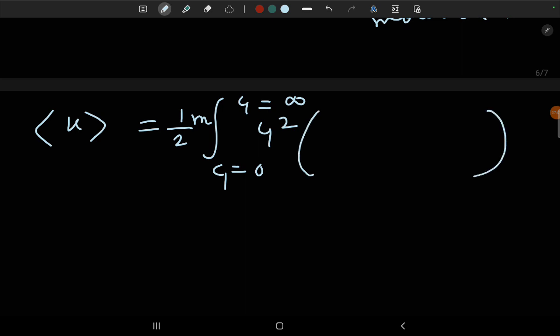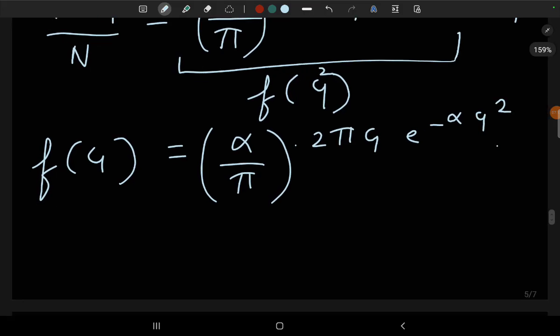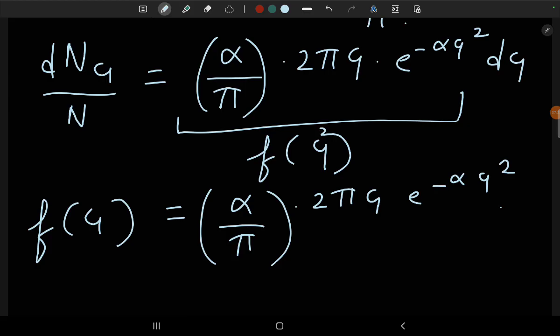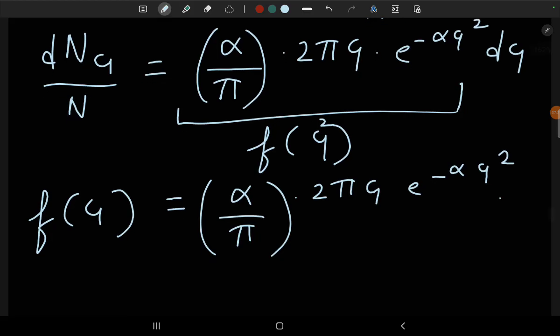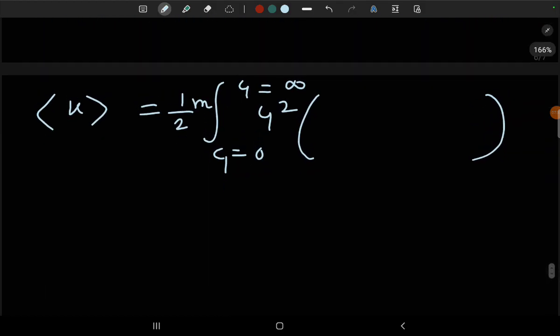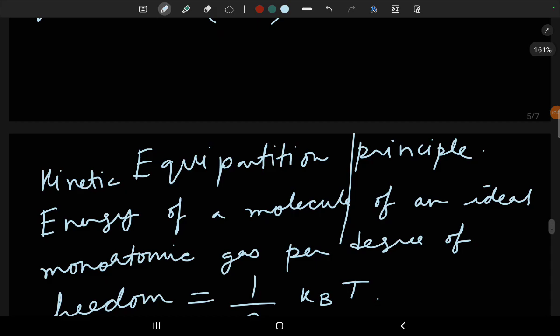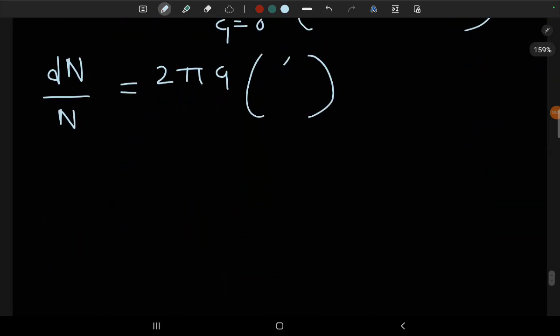And dn by n is actually 2 pi c1 alpha by pi e to the power minus alpha c1 squared dc1.